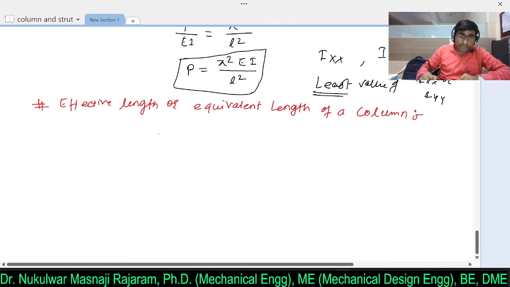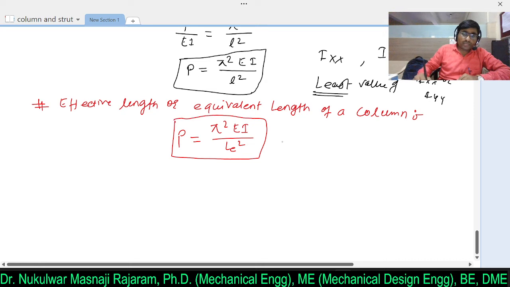And for that purpose I will rewrite the formula, that is crippling load equal to pi square into EI divided by LE square. Simple. So here you can use this, it is a standard Euler's formula for long columns.